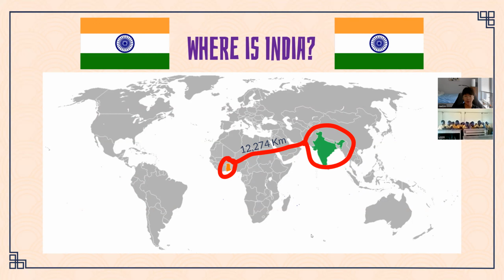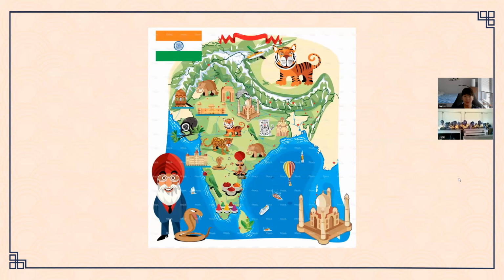You can see how large it is compared to your country and where it is and how long it takes. And to give you a closer look, this is the shape of India. And then you guys can see the mountains on top, tigers and different cultures that are available. So yeah, this is just a closer map of what India looks like.